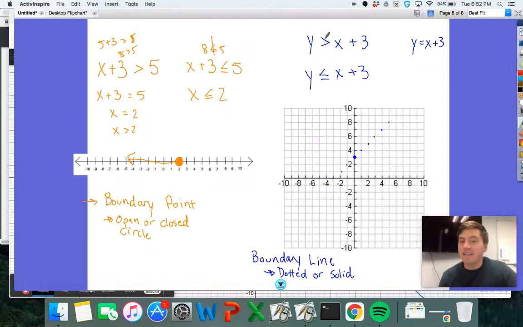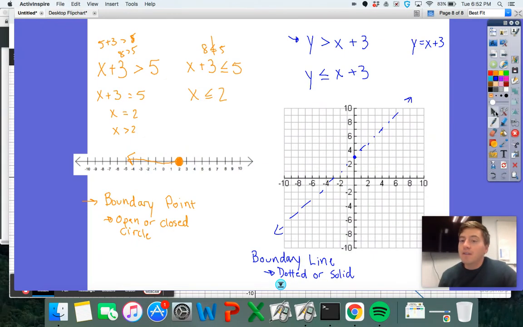In this case, it's a strict inequality where y is strictly greater than x plus 3. So the points on the line don't fit in here, because if it's equal, then it's not greater. Here it would, here it does not. So in this case, we would say this is a dotted line right here. And what that's telling me is it's strictly greater than, so the line is not part of the solution.